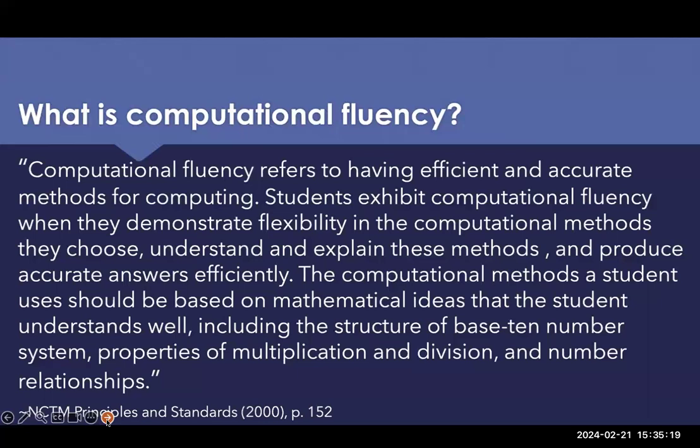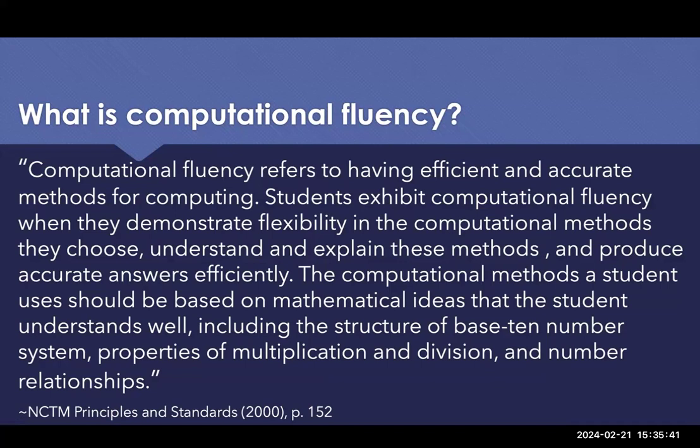I think that's an important component of this fluency: students choose a strategy based on the numbers, based on the operation, and based on what they understand. So it's not something that they have necessarily memorized or have formally been taught. They're strategies that they have pulled together based on their knowledge of the numbers that they're working with.